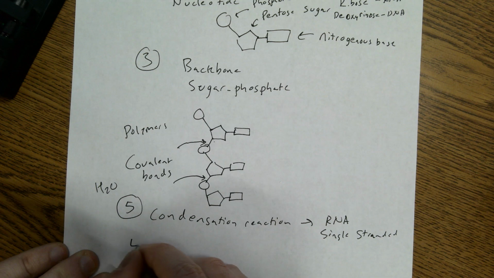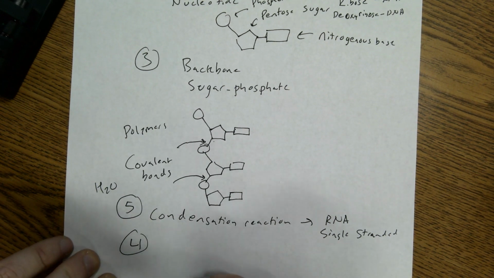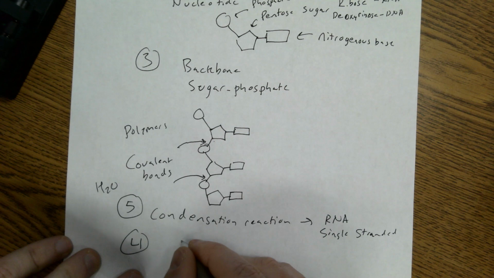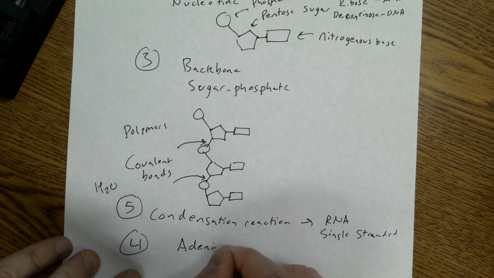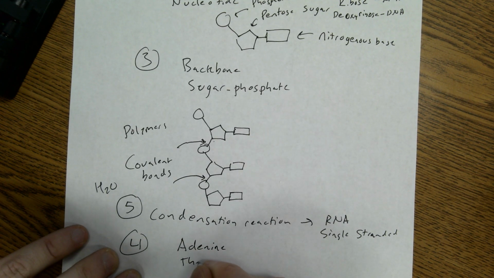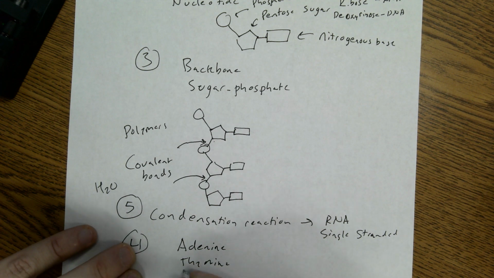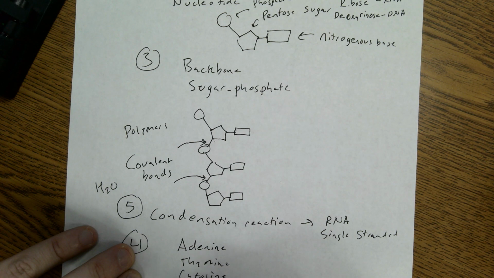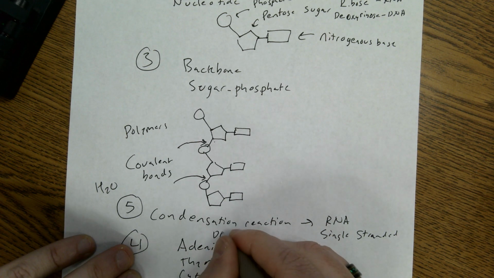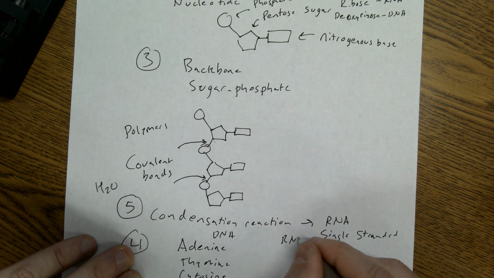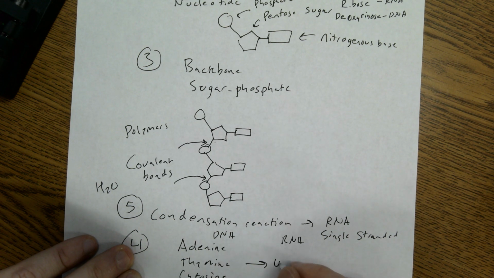Alright, standard 4 says that the bases are what form the code. So the bases are adenine, thymine, cytosine, and guanine in DNA. And then in RNA, instead of thymine, we have uracil.